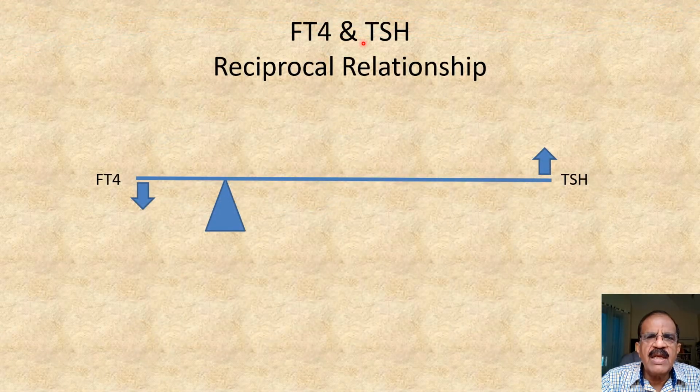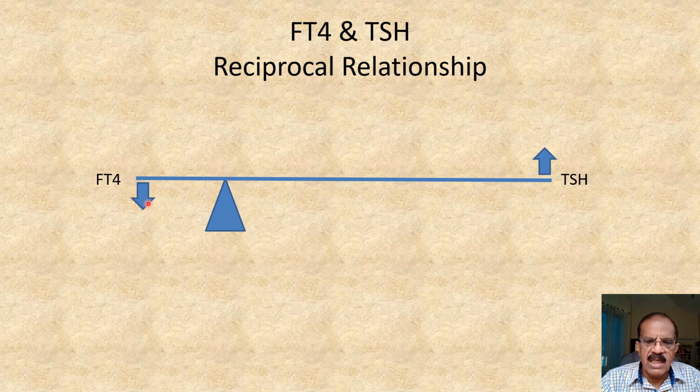Free T4 and TSH also have a reciprocal relationship. But in this case, the pivot point, the fulcrum, is on one side, and the TSH arm is much longer compared to the FT4 arm. This is just like a seesaw you must have experienced in your childhood.